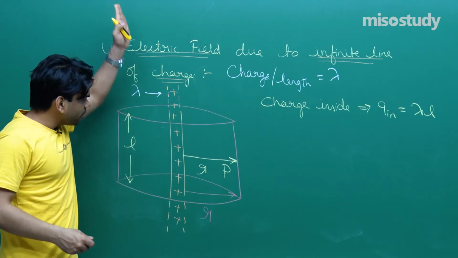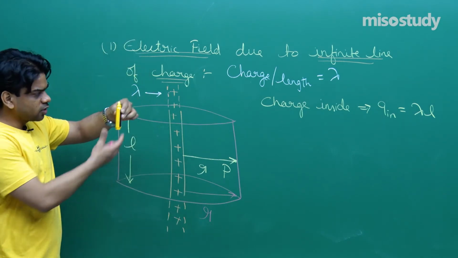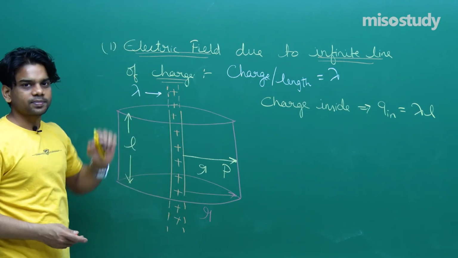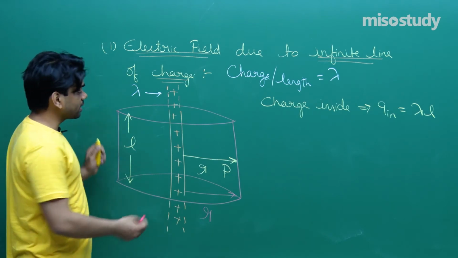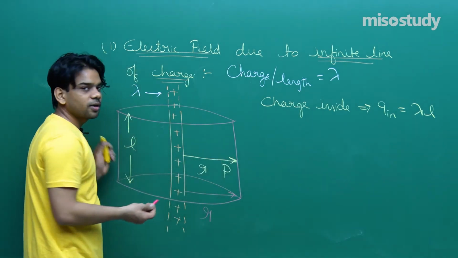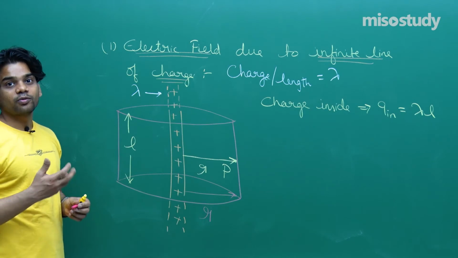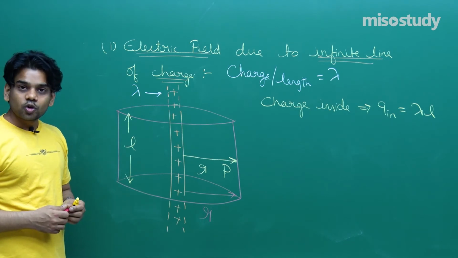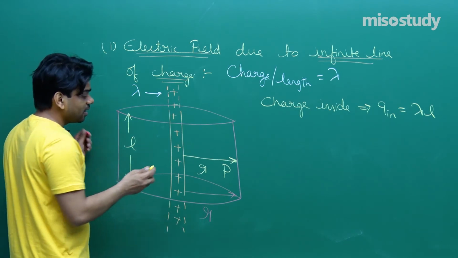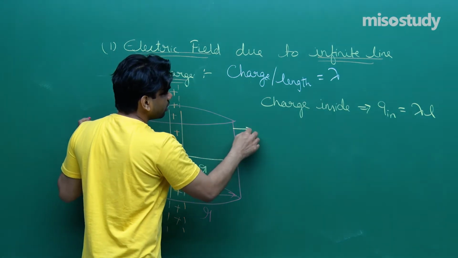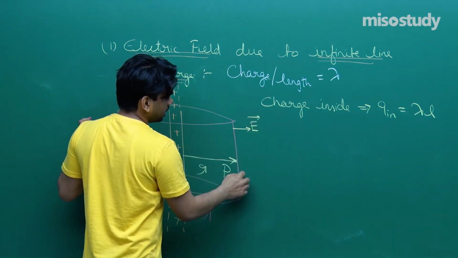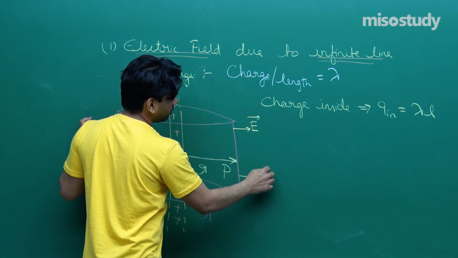Now this is a very long wire, continuing from top to bottom. This length is so long that the distance r will be very small compared to the length of the wire on which the charge is present. So you can think that the electric field will be in this way everywhere.